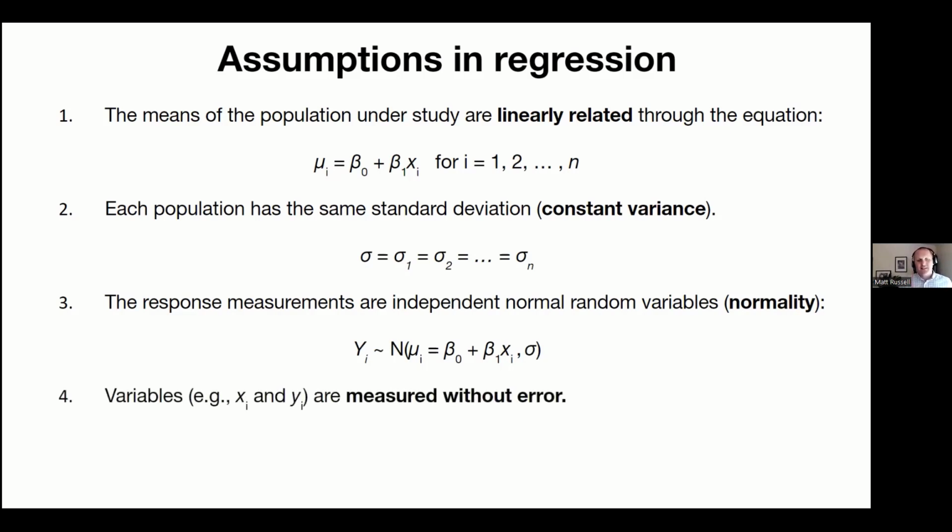And then the variables need to be measured without error. This is actually a common one that's often overlooked. We just assume that when we collect the data they have no errors and no warts in them. But there are lots of times where data are measured with error, and that can result in some pretty bad things going wrong in a regression context.